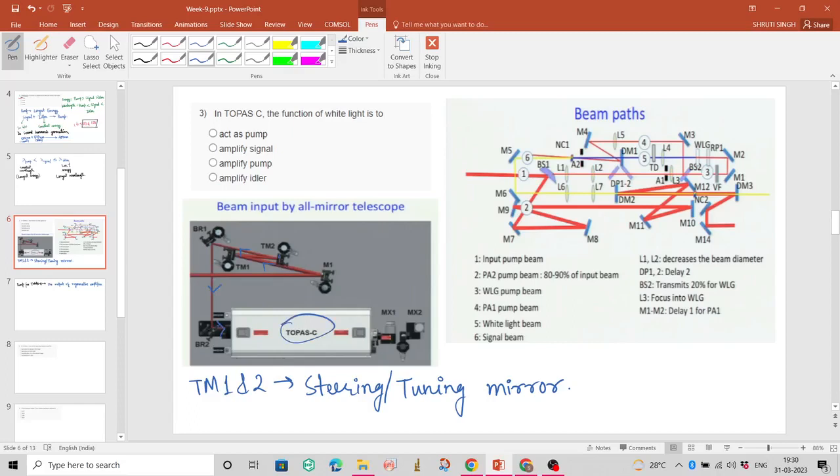Now, inside part of this TOPAS C is this figure. So now we will discuss this figure a bit. Let me copy paste it here.